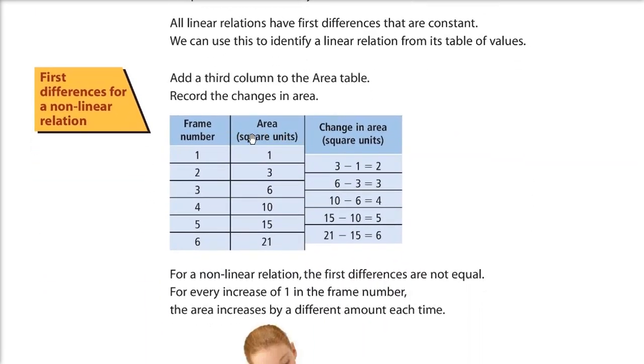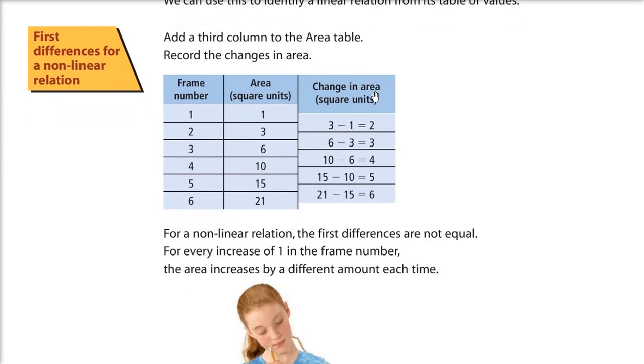Let us take one more column in the area table, the second table, where we drew a curve for frame number and area. Now here if you see the change in area, 3 minus 1 is 2, 6 minus 3 is 3, 10 minus 6 is 4, 15 minus 10 is 5 and 21 minus 15 is 6.